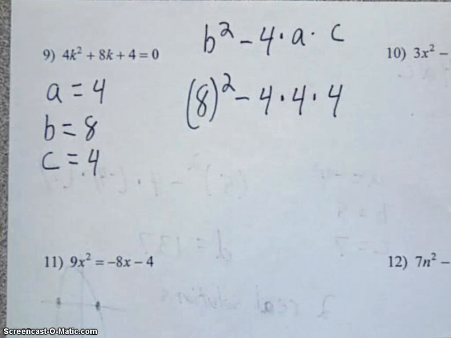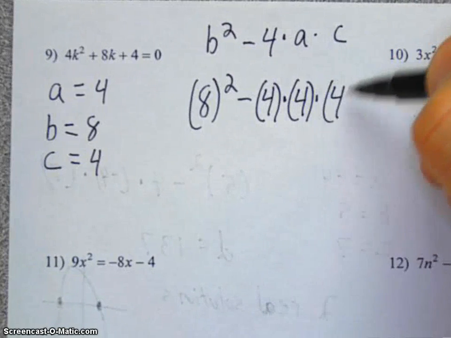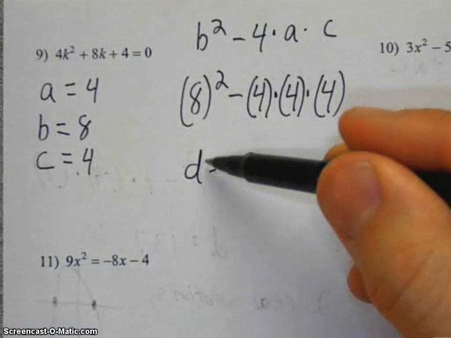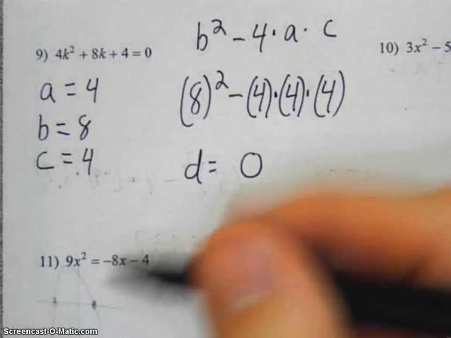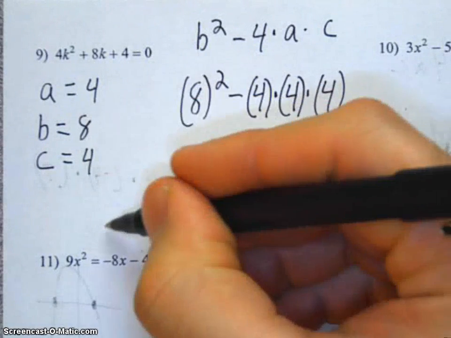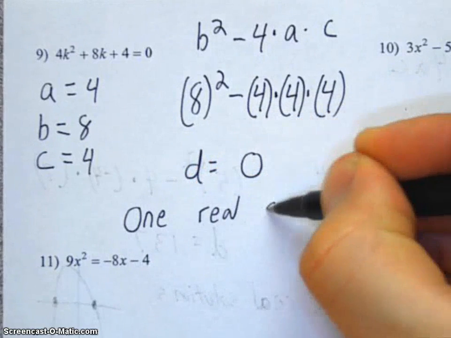Plug it in the calculator as you see it. As you can see, the discriminant equals 0. And from the notes we took in the beginning, that means that I'm going to have 1 real solution.